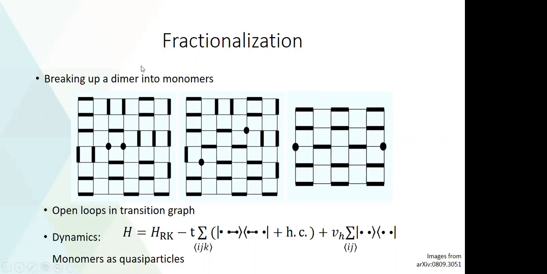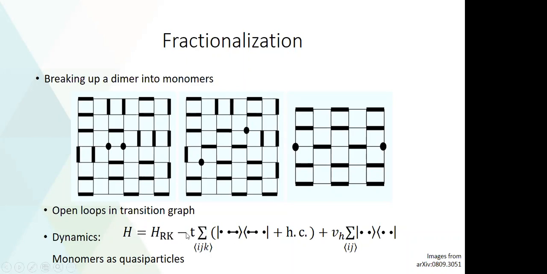Let's consider monomers. Here, for example, we had some dimer broken up into two monomers, and we can fix them and then look at how all the dimers in the background move about. We can also give them some dynamics.